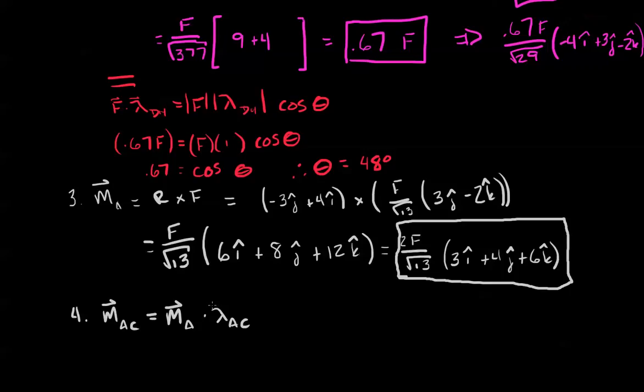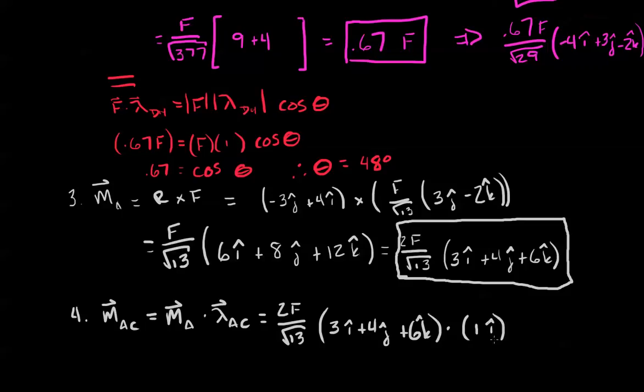Now AC is just the x-axis, so that's going to be an easy one to do. We're going to take our moment, and that's 2F over square root of 13. I drew out that 2 from the ijk just because it reduces those numbers a little. You don't need to. You could do 6i plus 8j plus 12k. And now we're going to take the dot product simply of 1i.